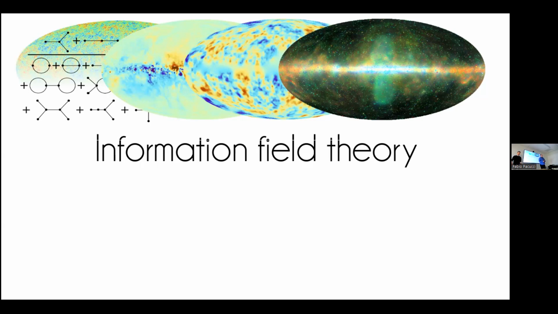And I'm happy to explain how Feynman diagrams appear. But what are Feynman diagrams? They are an expansion of a non-Gaussian distribution around the Gaussian distribution using a small parameter. In this specific case, it is about the CMB and non-Gaussianity in the CMB.